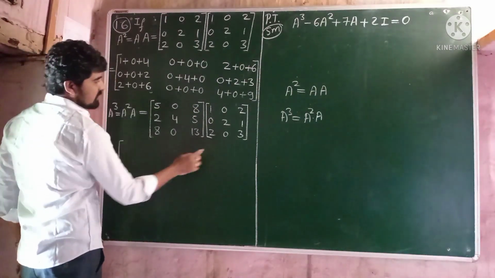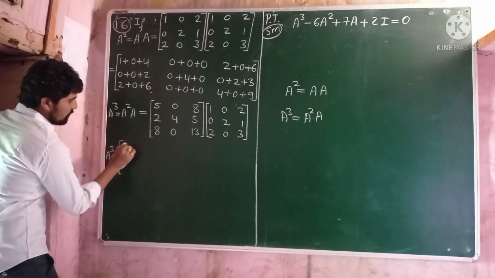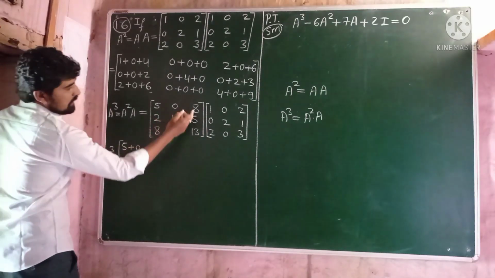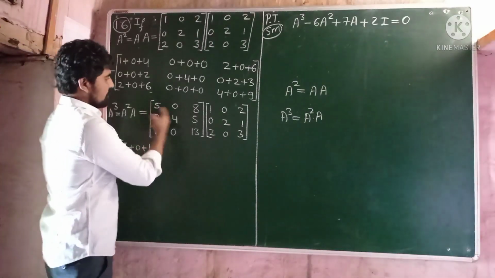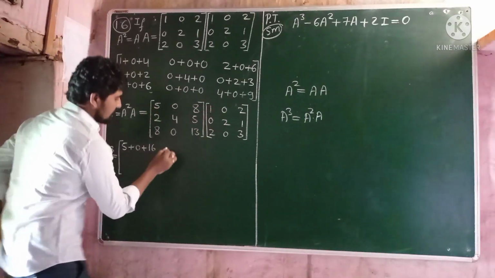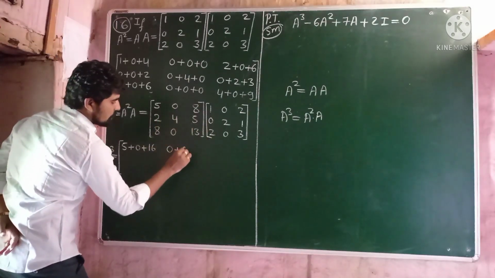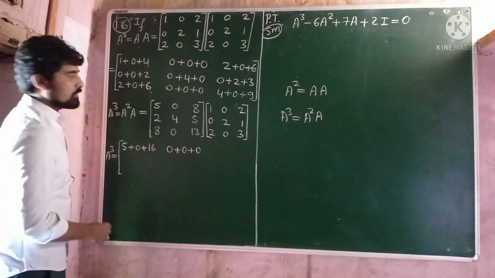The product of these two matrices: first row first column, 5 into 1 is 5, 0 into 0 is 0, 8 into 2 is 16. First row second column: 5 into 0 is 0, plus 0 into 2 is 0, plus 8 into 0 is 0.